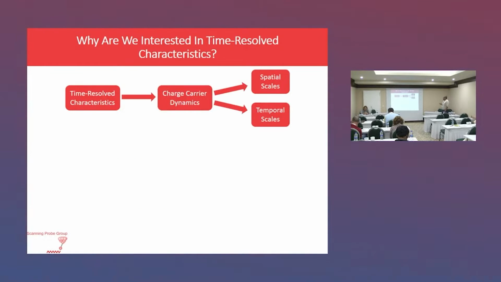In addition to that, the next logical question is why we are interested in time resolved characteristics. By measuring time resolved characteristics, we can reveal the charge carrier dynamics, which are the dynamics of electrons, holes, or vacancies in the materials, which carry charge from one location to another. And we can measure these charge carrier dynamics with spatial and temporal length scales.